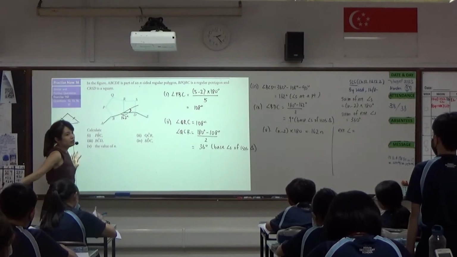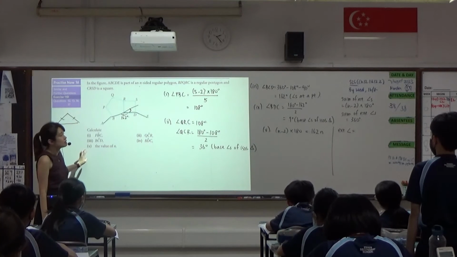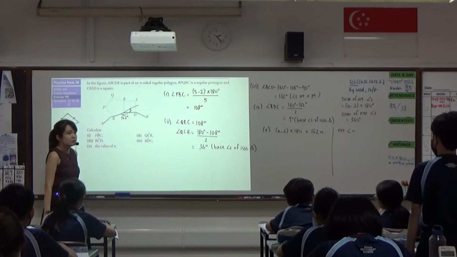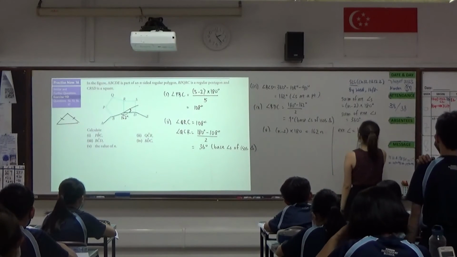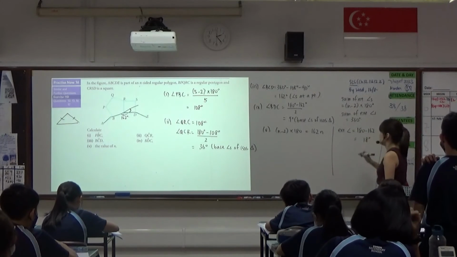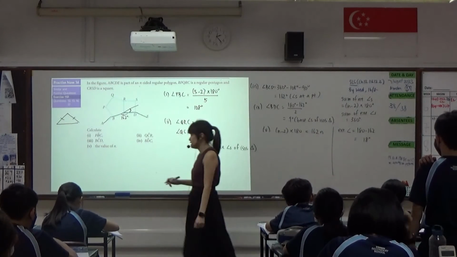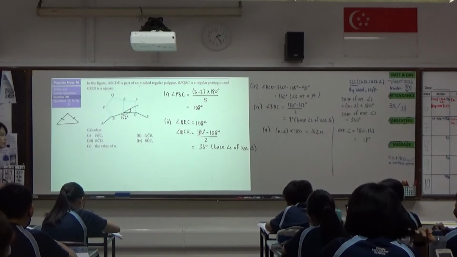The exterior angle is this one. This is a straight line. 180 minus 162. Okay? So this will give us 18 degrees. Right? Have a seat first, because I think you need to pay more focus and attention.